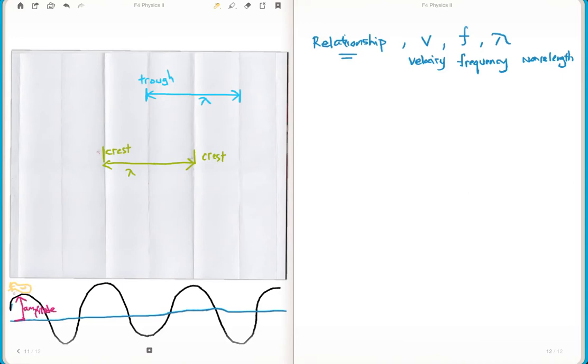You don't expect this duck, it will go up and then come down. You don't expect the duck to turn up over here. The duck does not move from left to right. Only the wave, the crest, moves up and down. Only the energy is transferred from left to right. The duck does not travel from left to right.